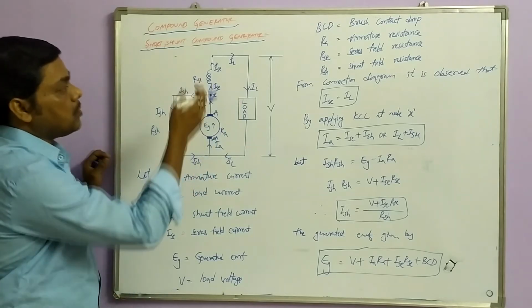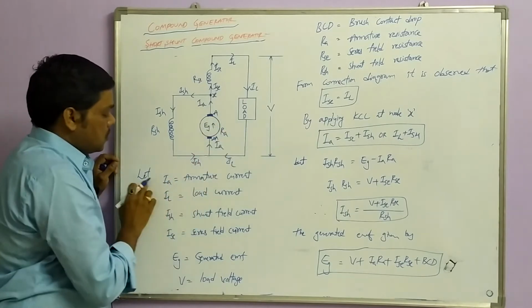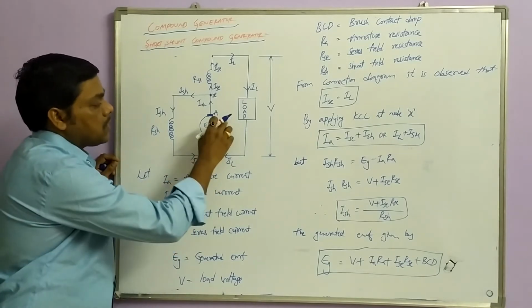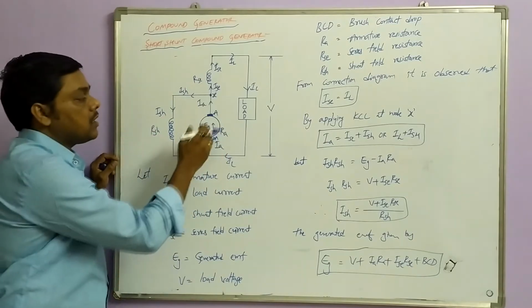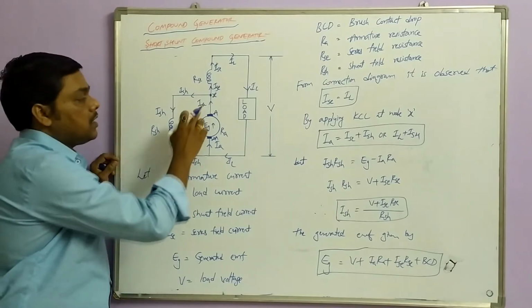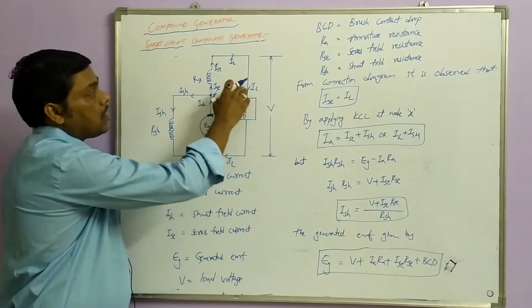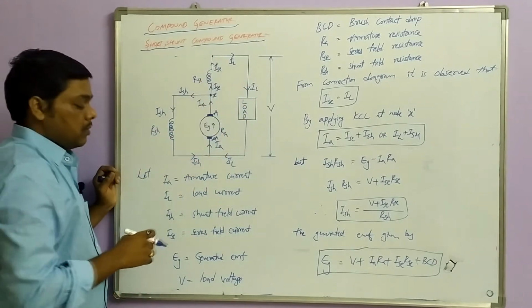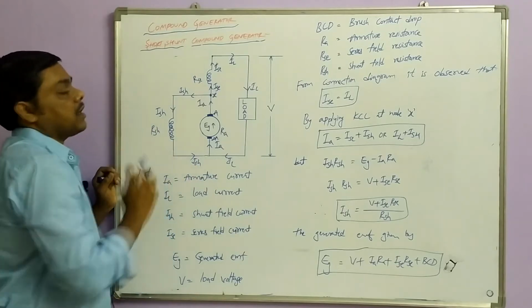So what are those elements? Let's discuss them. IA is the armature current delivered from the armature, that is, from the actual generated EMF. What is the actual current coming from the generator? It is IA, and IL is the load current flowing through the load terminal, and ISH is the shunt field current.